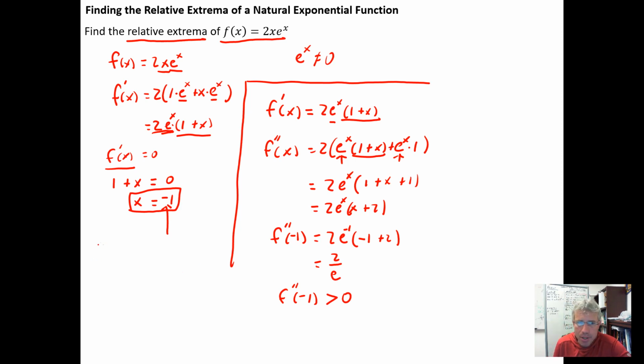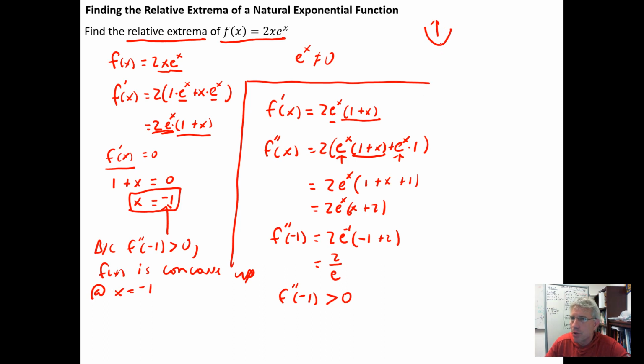So we can say because the second derivative evaluated at -1 is greater than 0, f of x is concave up at x equals -1. And remember, if we're concave up, then that's going to correspond to a relative minimum on the graph.